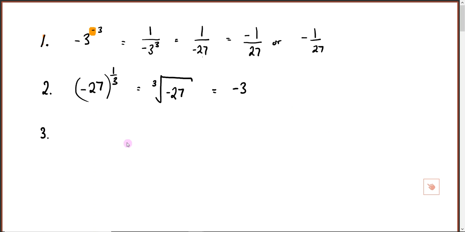Question 3, we've got 6/7 to the power of -2. So what do we deal with first, Charlie? The negative exponent. What does that tell me, Cameron?